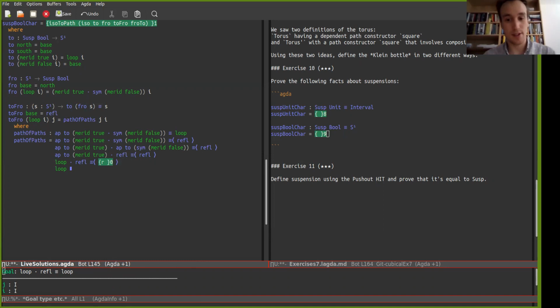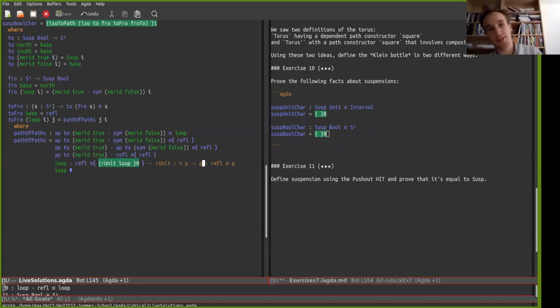And this is a little lemma called R unit that's not yet in the prelude, but it's going to be there. This is going to be R unit of loop. And here, R unit is typed for all P. Or actually, it's just any P, right? Yeah, sorry. Okay. So we're going to leave this hole for now.